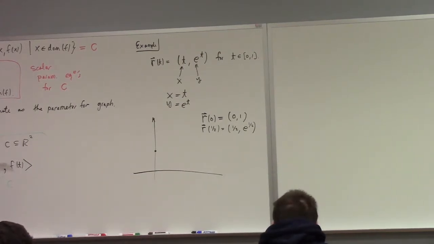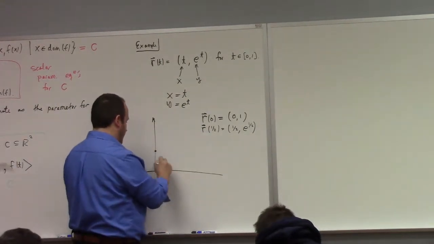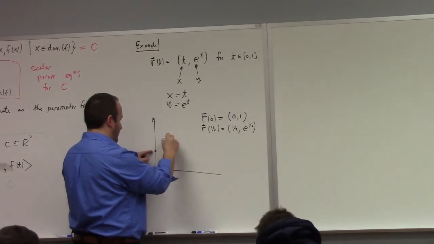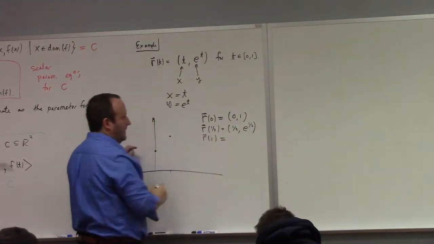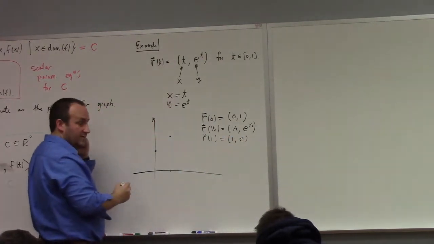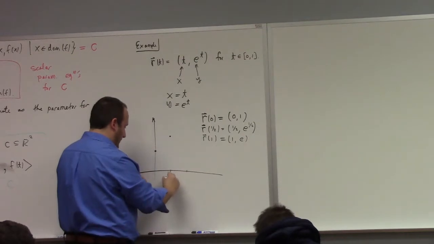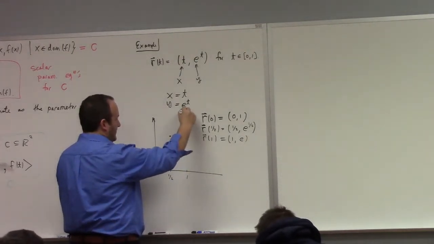e is about 3, so what's the square root of 3? About 1.7? So that's like here somewhere, here-ish, right? What's R of 1? It's 1 comma e, so over here, here's 1/2, here's 1. So it's up here somewhere.